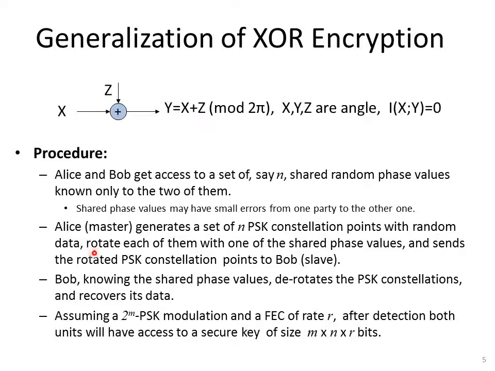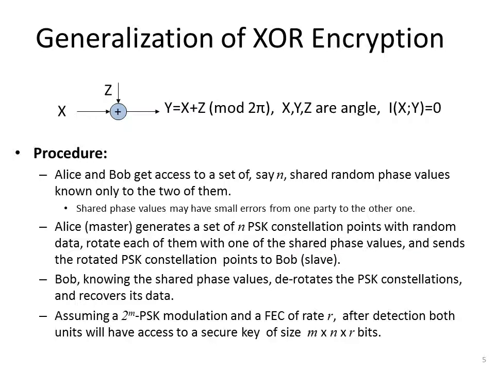Then the master rotates each of these PSK constellation points with one of the shared phase values, and transmits the rotated PSK constellation point to Bob, who is acting as the slave.